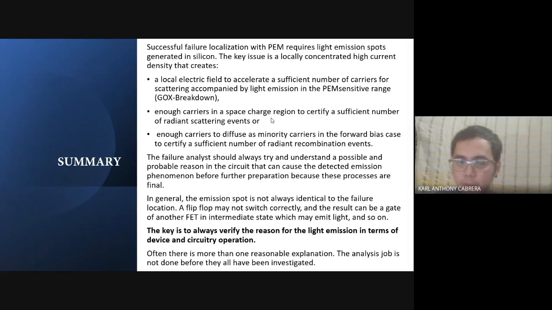A flip-flop may not switch correctly and the result can be a gate of another FET in intermediate state, which may emit light and so on. The key is to always verify the reason for the light emission in terms of device and circuitry operation. Often there is more than one reasonable explanation, and the analysis job is not done before they all have been investigated.